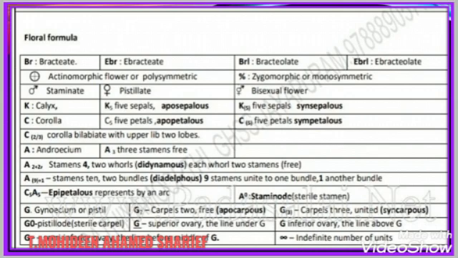So you can read the floral formula: BR as bracteate, BRL bracteolate, actinomorphic, then bisexual flower, calyx 5, then corolla and androecium are united, corolla of 5 and androecium infinite. So like that you will be able to read it.